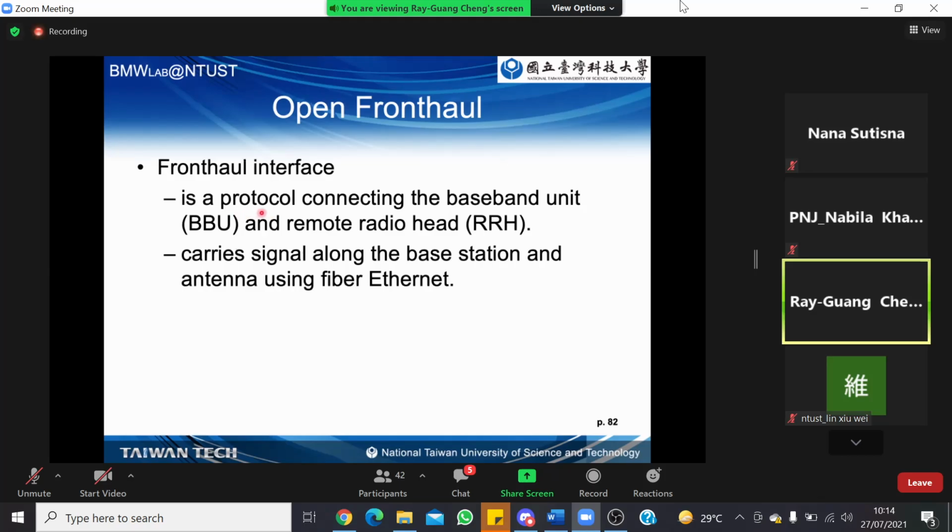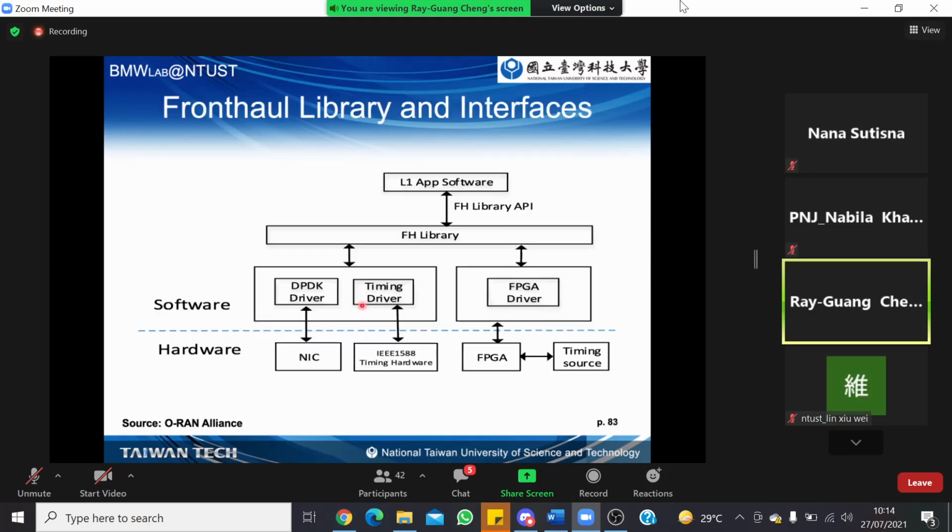They want to connect BBU and RH, carrying signal between the base station and the antenna using fiber Ethernet. So this is the Fronthaul library and the interface defined by the ORAN Alliance.